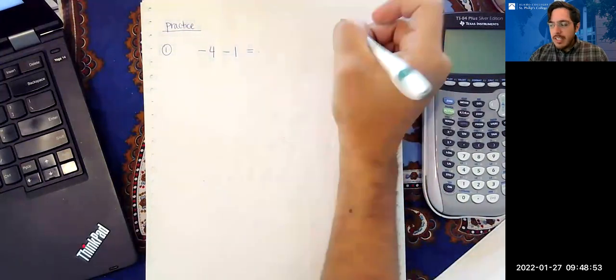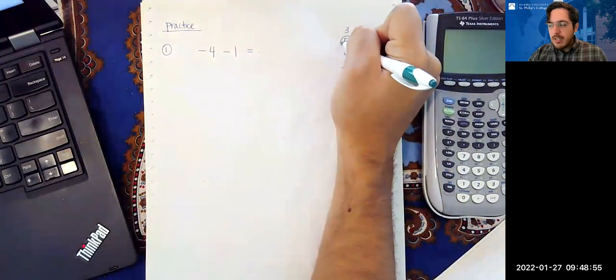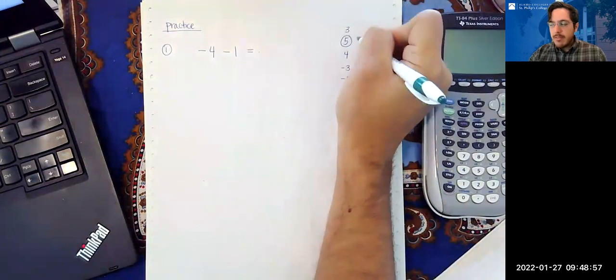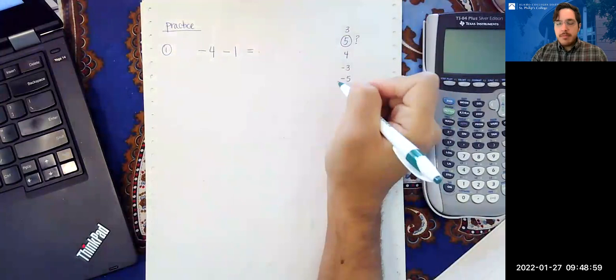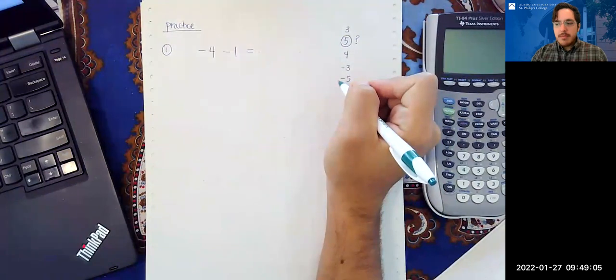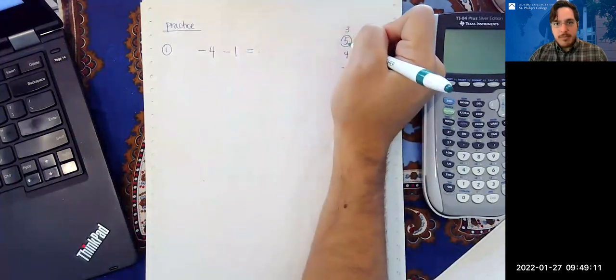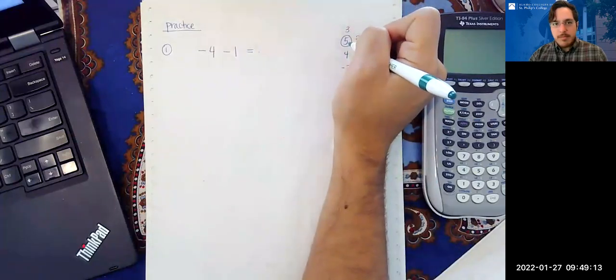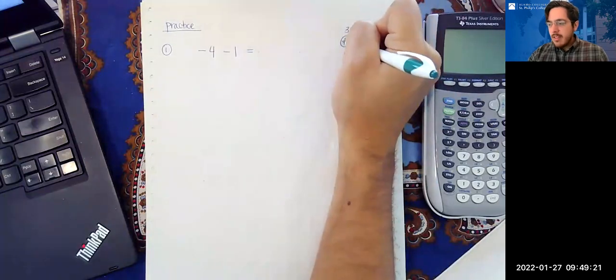So for those of you who think that it's 5, can you tell me why you think it's 5? Or do we not think it's 5 anymore? I want to change my number to -5.